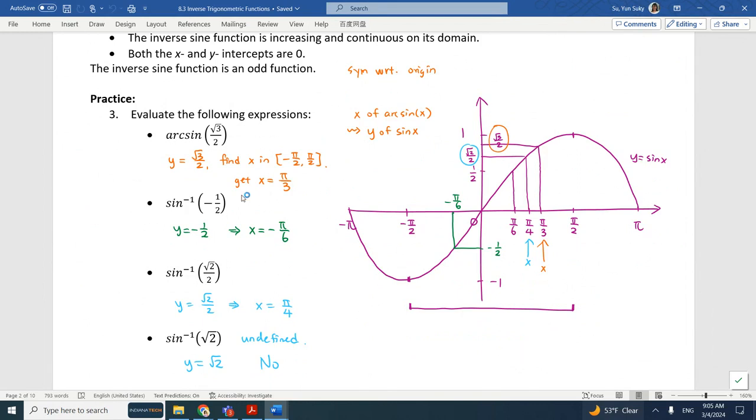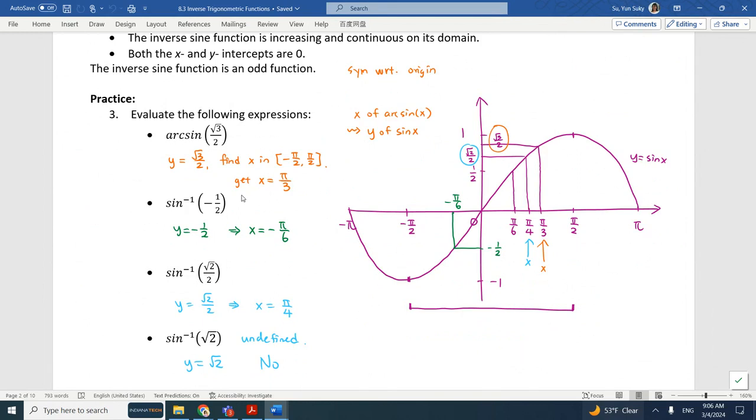So draw the graph of sine. And then the x of the arc sine corresponds to the y of the sine. You just look at different y values and then find the corresponding x values. When you draw the picture bigger, you can look at those common angle values: pi over 6, pi over 4, pi over 3, and pi over 2.